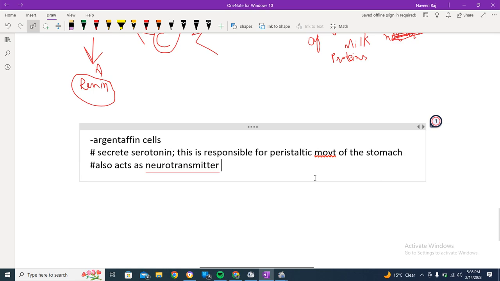Simply that is the same. And of course every enzyme present has got its own role, and that is very important. Now as it is a neurotransmitter, we have got connections between the brain and the stomach.